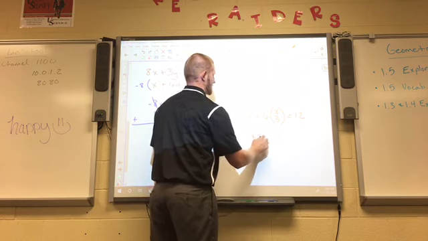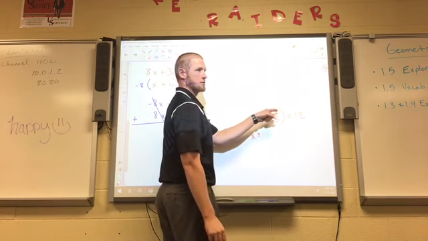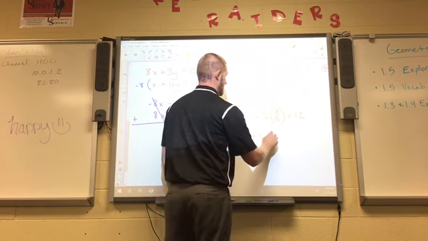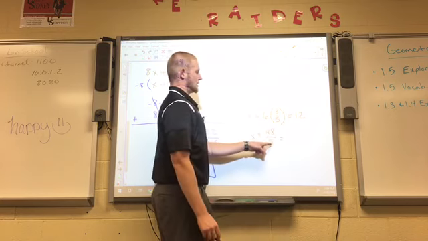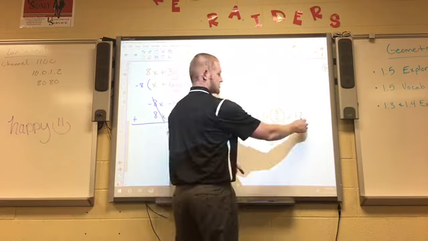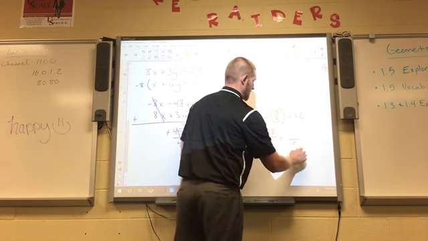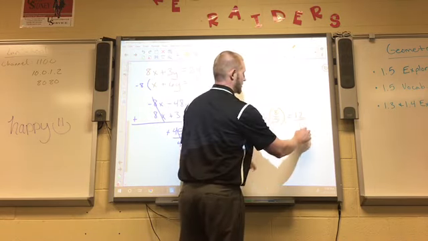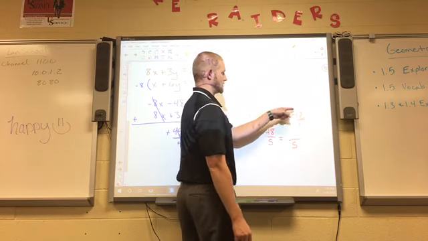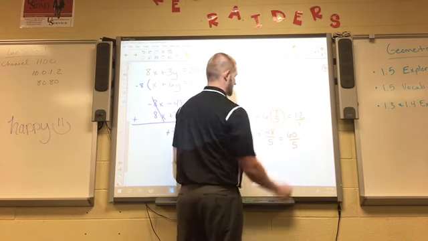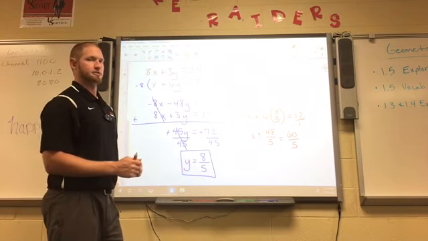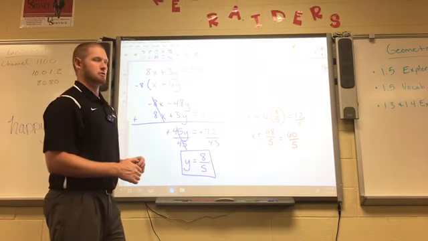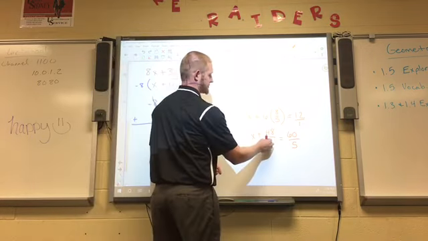So I have x plus 6 times 8 is 48, so 48 over 5 equals 12. I need a denominator of 5 on this 12, right? It used to be a 1, so I multiplied by 5, so it's going to be 60 over 5. All I did is find a common denominator of 5, because I knew I was going to have to subtract.